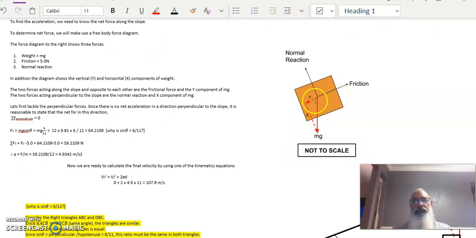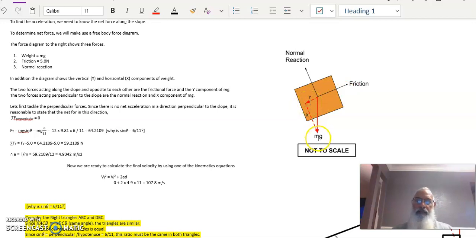We don't know how much the y component of the weight is, and those are the two forces that oppose each other and their difference is the resultant along the slope.